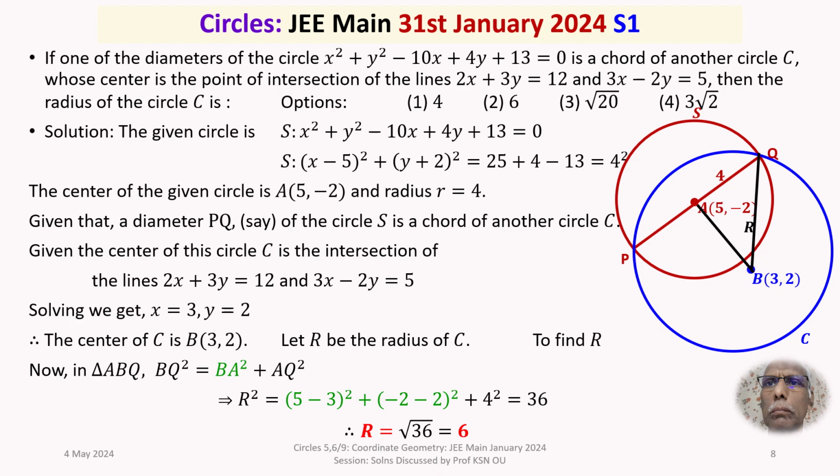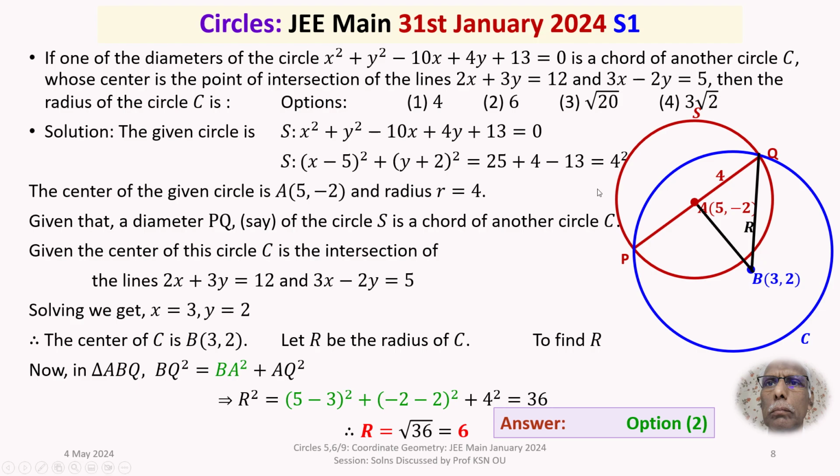And this answer appears against option 2 here. Therefore, the answer to this question is option 2. That is the detailed discussion of this question. This is also an easy question.